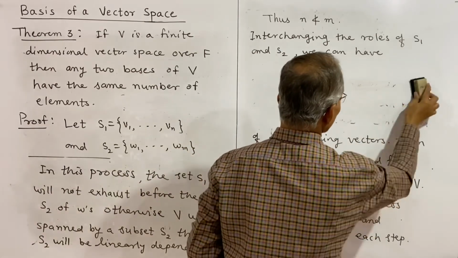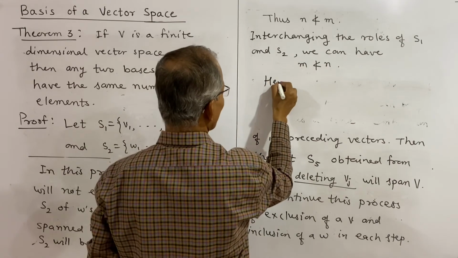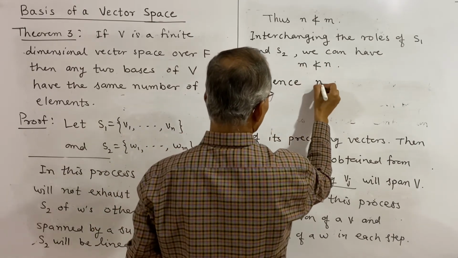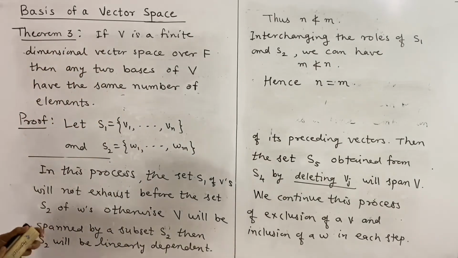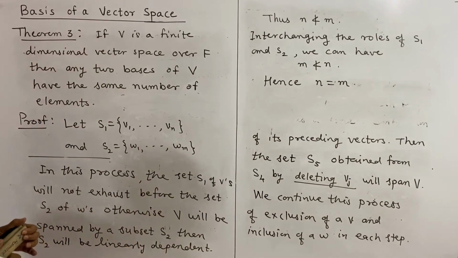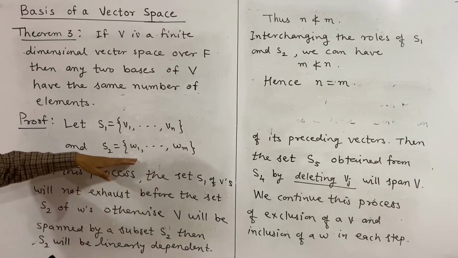Hence N is equal to M. They are not less than each other, so N must be equal to M, and if N is equal to M, the theorem is proved. That is what we wanted to prove.